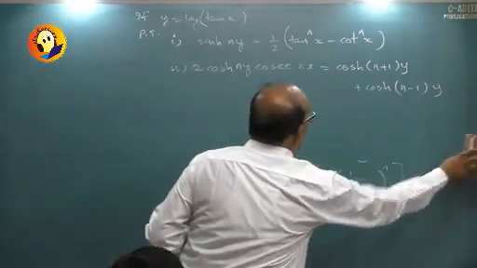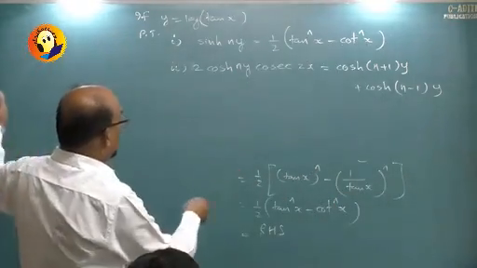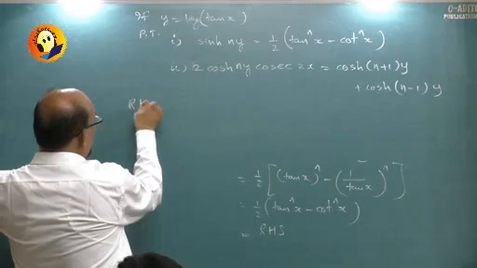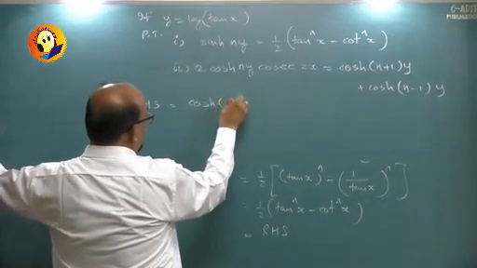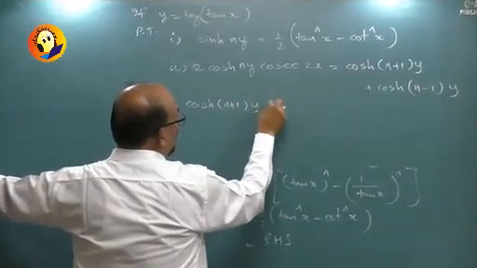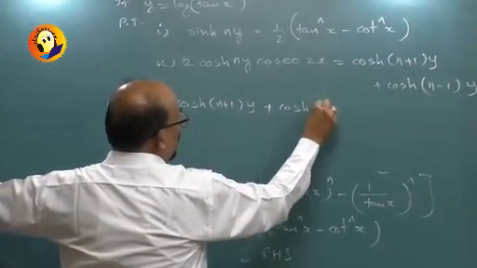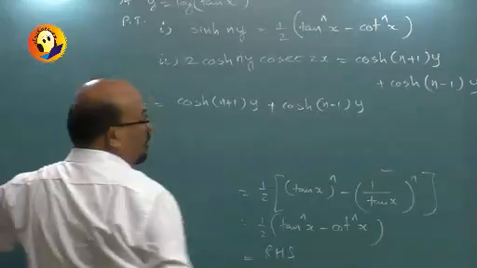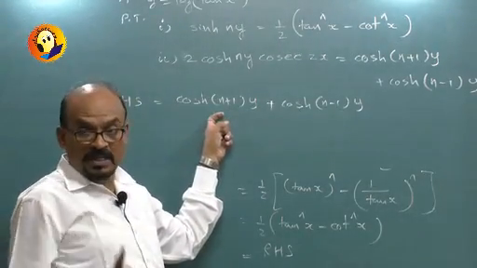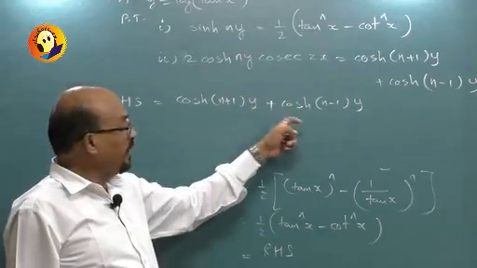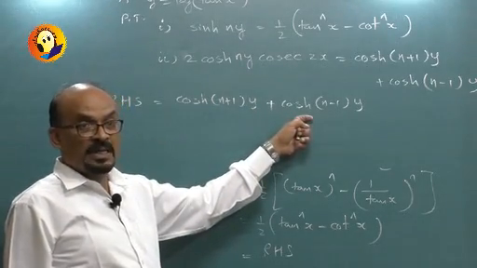Now in the second problem, it is better to start from right hand side, because cosh of n plus 1 y plus cosh of n minus 1 y, cosh of a plus b is cosh a cosh b plus sinh a sinh b, and cosh of a minus b is cosh a cosh b minus sinh a sinh b.